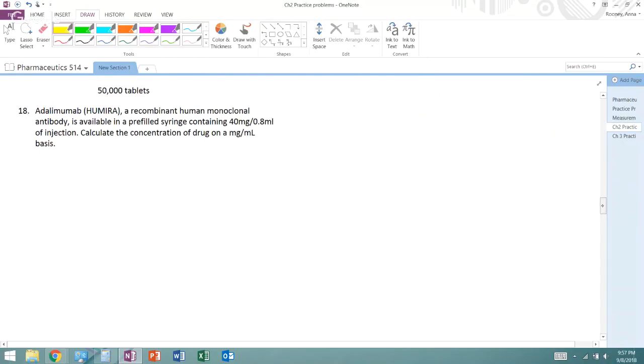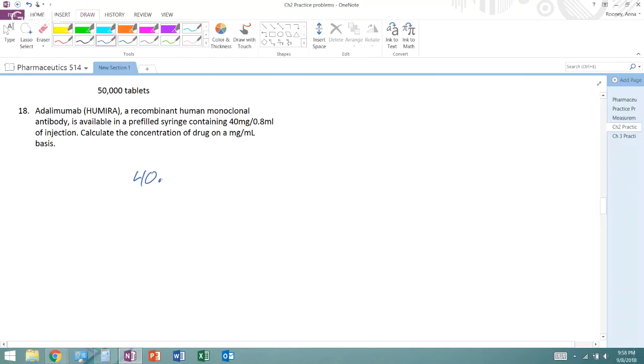All right. Ooh, everybody's favorite, Humira. Recombinant human monoclonal antibody is available in a pre-filled syringe containing 40 milligrams per 0.8 milliliter injection. All right, this is easy.